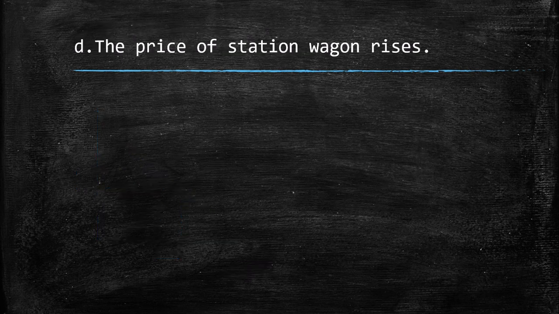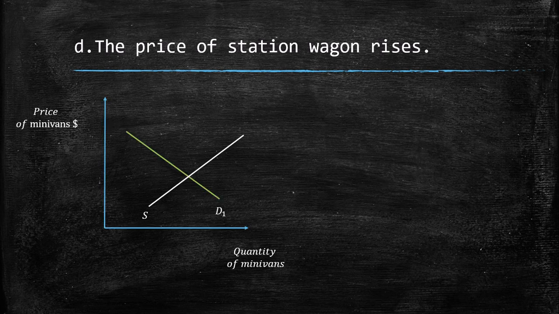The next case is price of station wagon rises. So here we have the initial part, P1 and Q1. So what is a station wagon? It is a substitute or a complement good for minivan. So definitely it is a substitute good. So when the price of a station wagon rises, the consumers of station wagons are going to buy in lesser quantities.